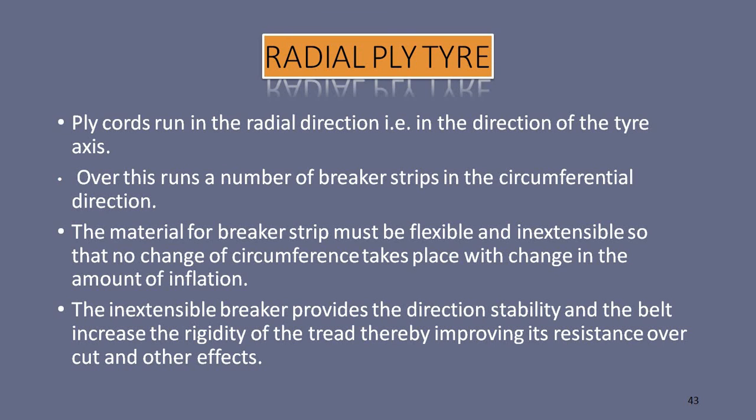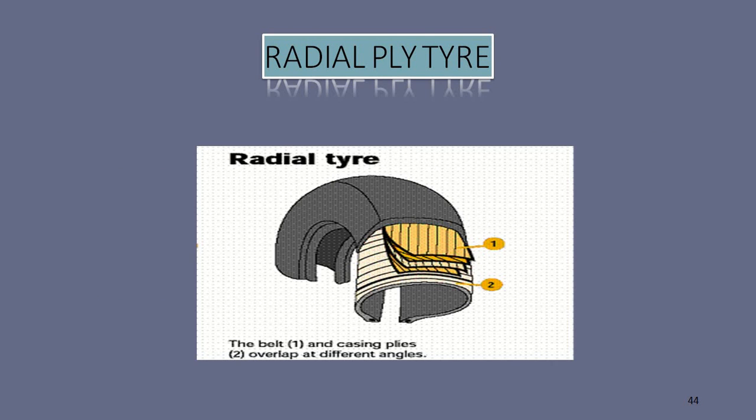The inextensible breaker provides directional stability and the belt increases the rigidity of the tread, thereby improving its resistance to cuts and other effects.